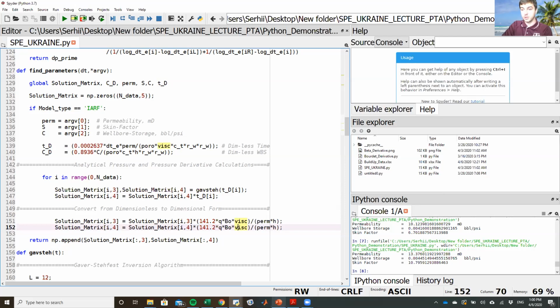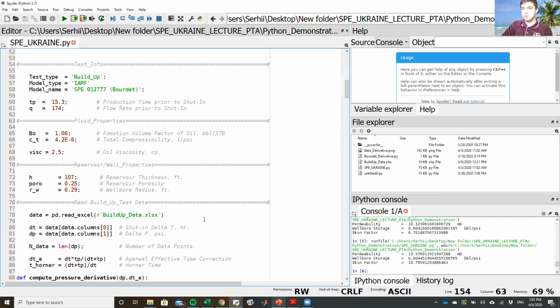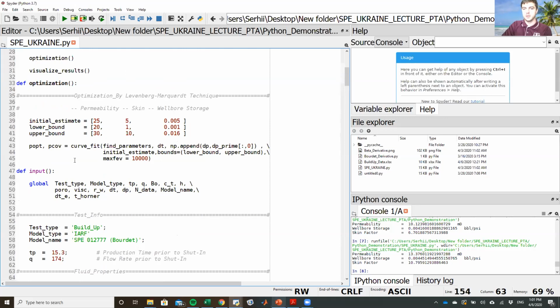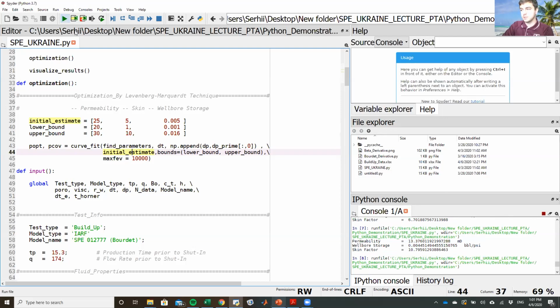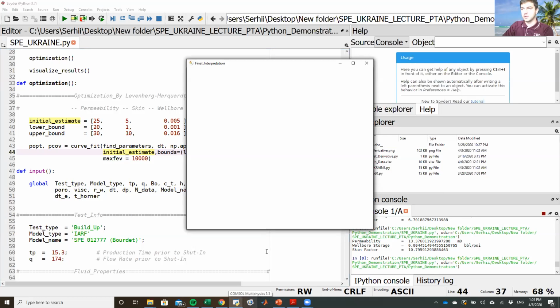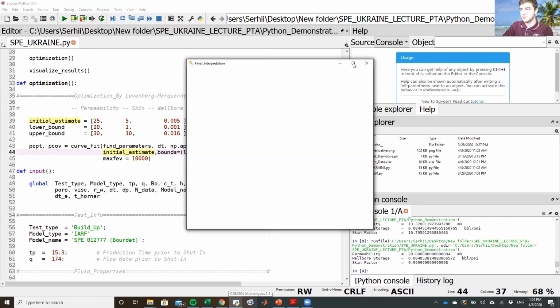And we are returning our pressure data as well as our pressure derivative. And now we're going to optimize it and find the appropriate solution. So let's try to run it and see what kind of match we are getting, and if we need to specify other parameters there.